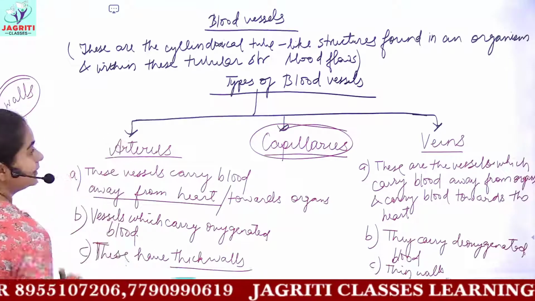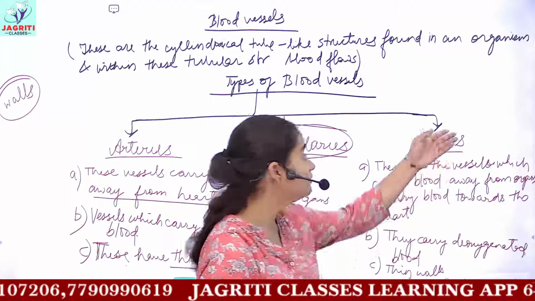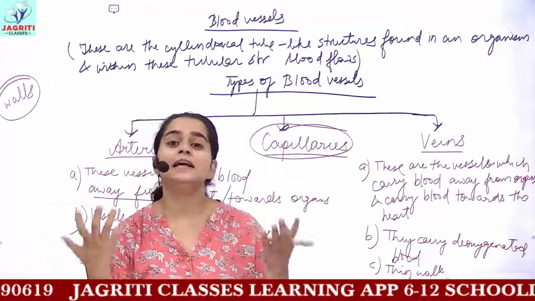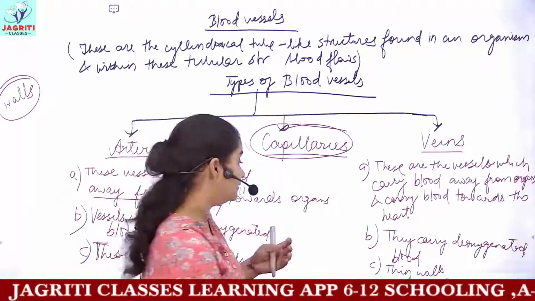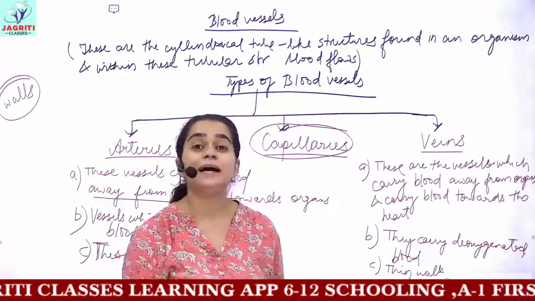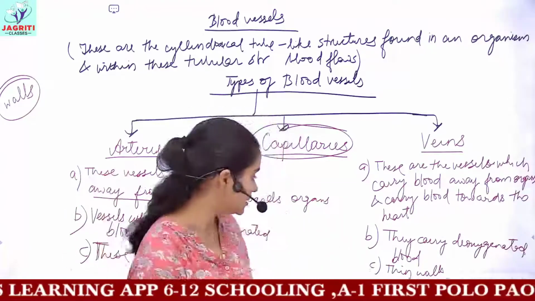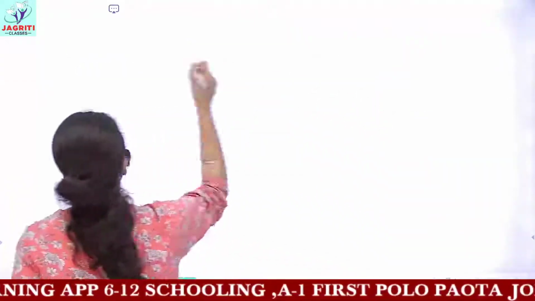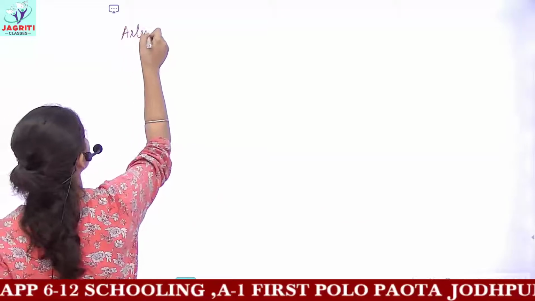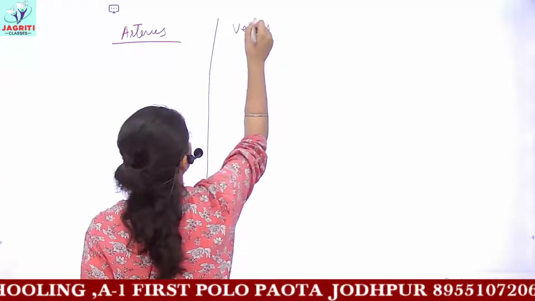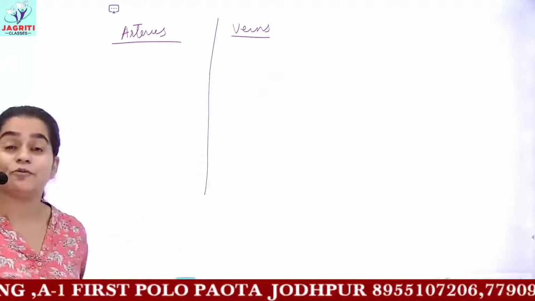So you can write the next point. And similarly, veins, because they are carrying blood from the organs towards the heart, do not require thick walls, because the blood in veins flows under low pressure compared to arteries. So this will be the fourth point of difference between arteries and veins. The three points of differentiation we have already done.